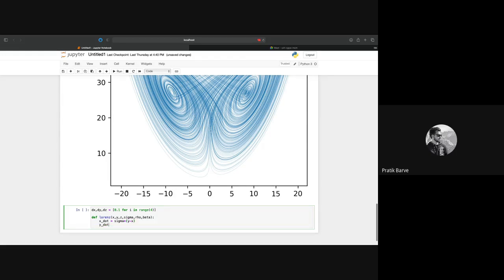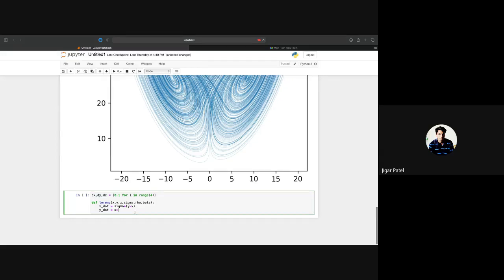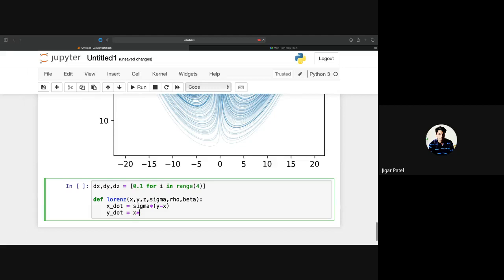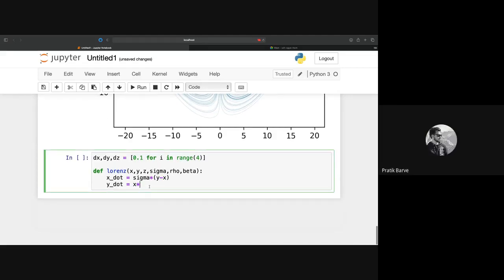Our y dot is... So can you increase the font size? You can zoom in on the code. Is this okay? Yes, sir.